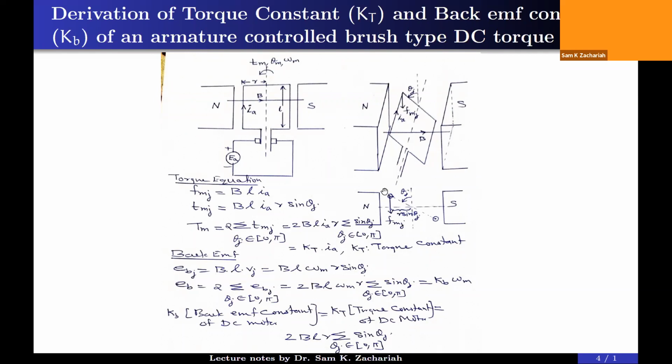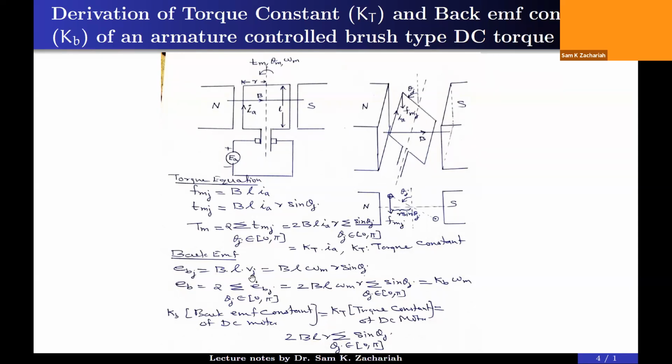Now assume that this is open circuit. We are not giving any external current. Just the coil is open circuit. We are simply rotating the motor with an angular velocity omega m. And such a velocity will lead to a linear velocity of each conductor, which will cut the magnetic field.